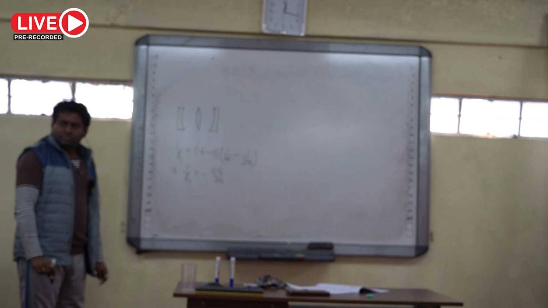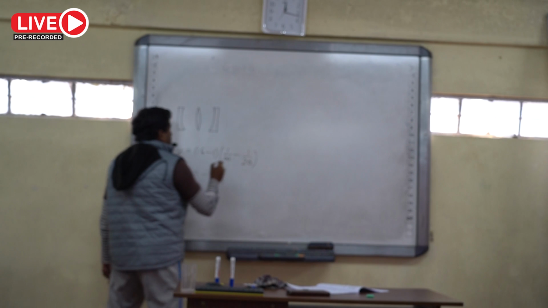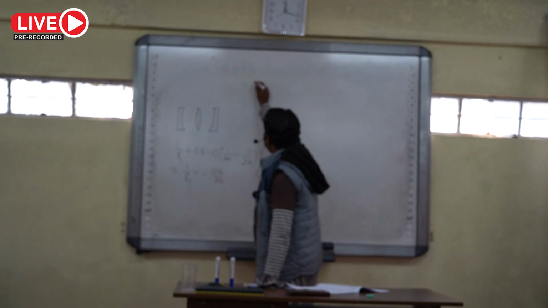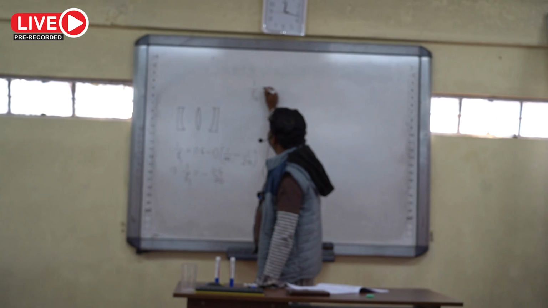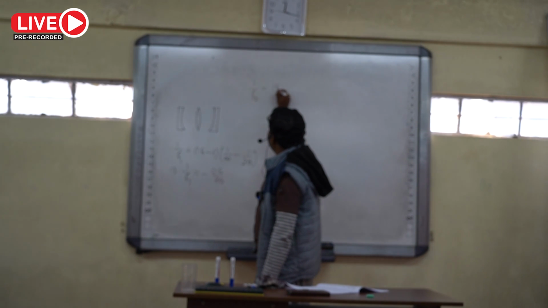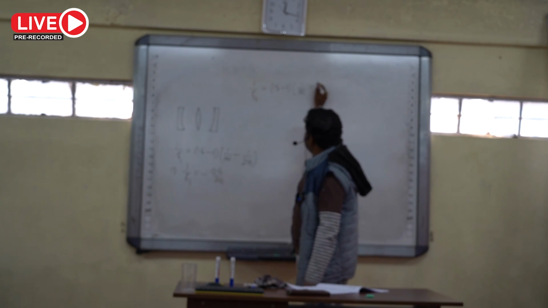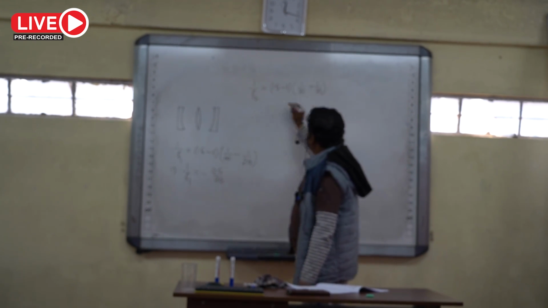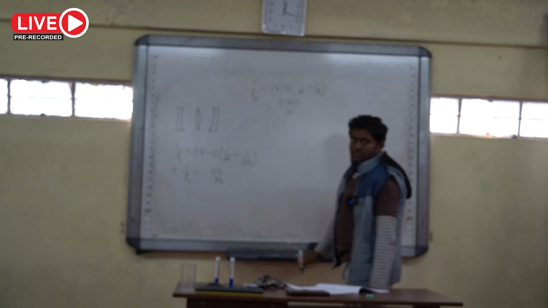Okay, 0.6 by 20. Now for the second one, 1 by f2, suppose it is (1.5 minus 1) into (1 by 20 plus 1 by 20). So that is 0.5 into 2 by 20, and that is positive.